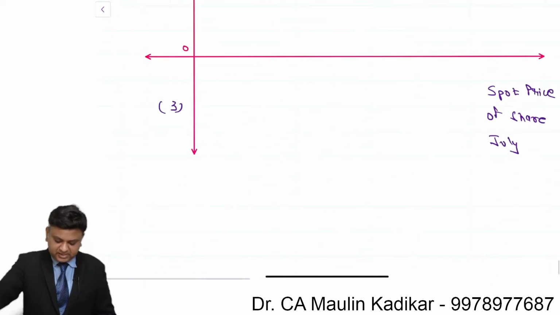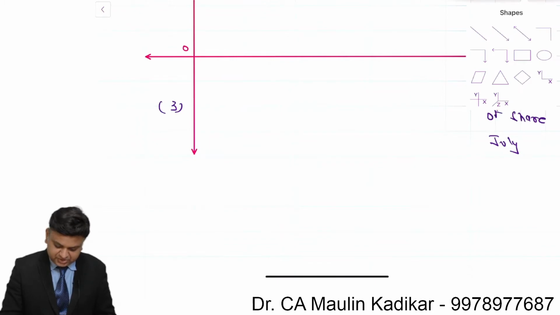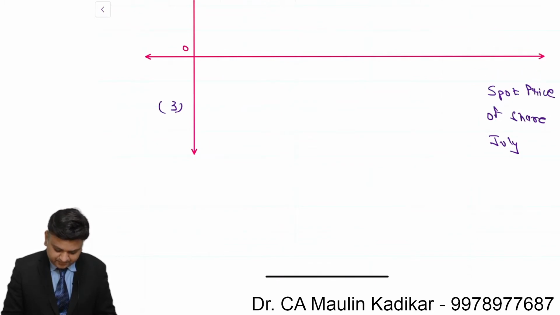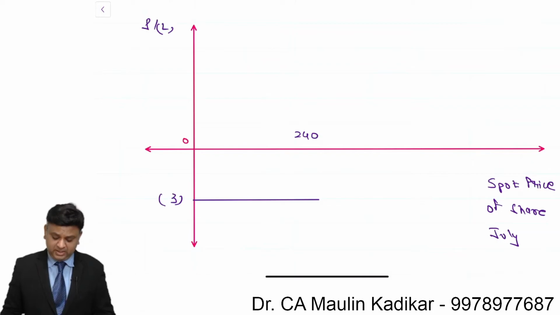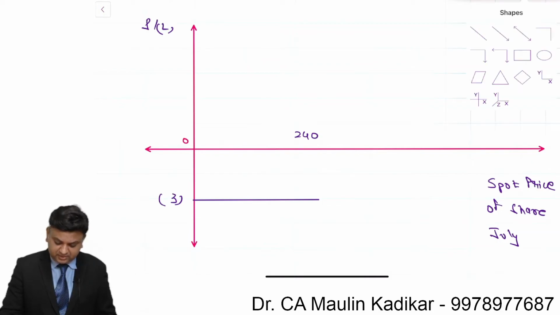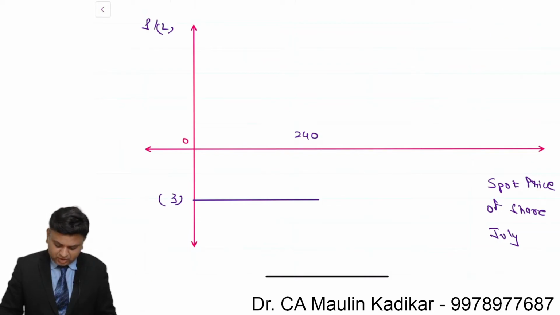It means that till the time the spot price of the equity share reaches 240, there is a constant loss of 3 rupees. This is what we understand. Afterwards, the loss is converted to the break-even point, and then it is transferred to the profit.